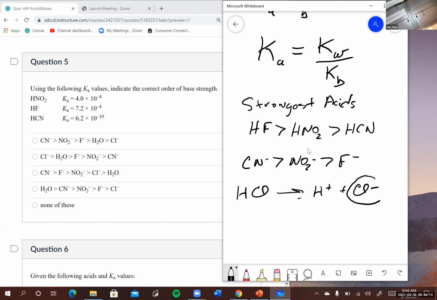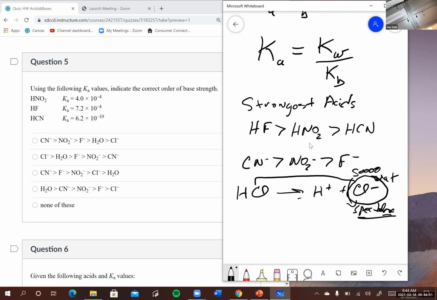That makes this conjugate base so weak that we sometimes call those kind of ions spectators. So that's going to be the weakest base of that list. So right off the bat, I see it's in the first choice or the second to the last. Looks good.